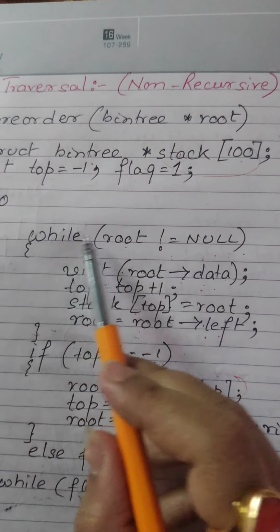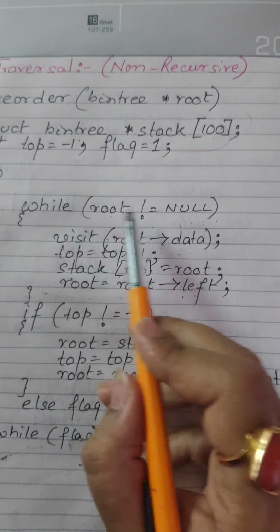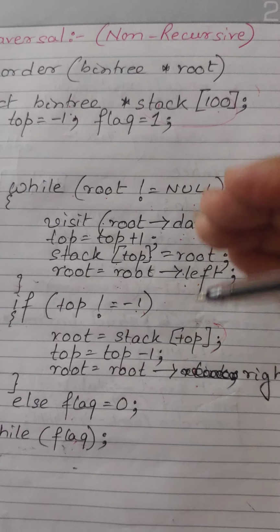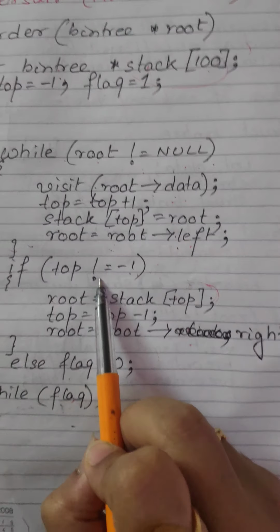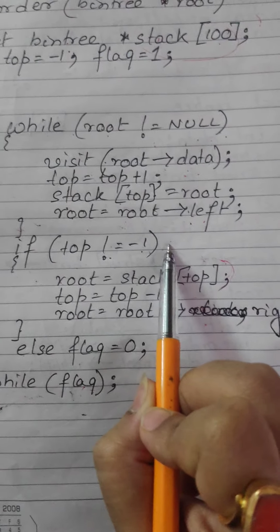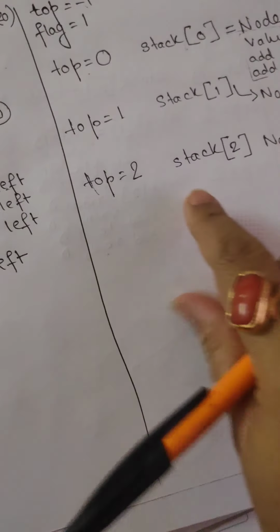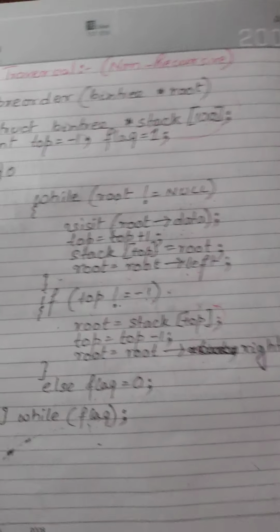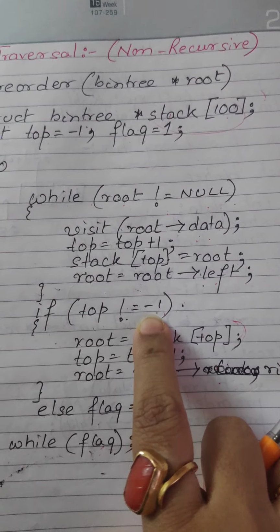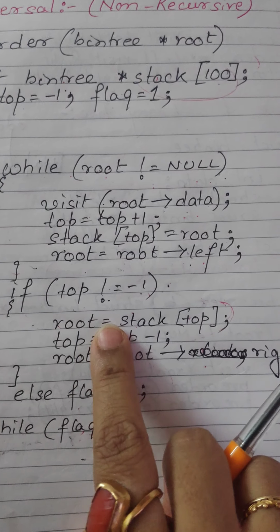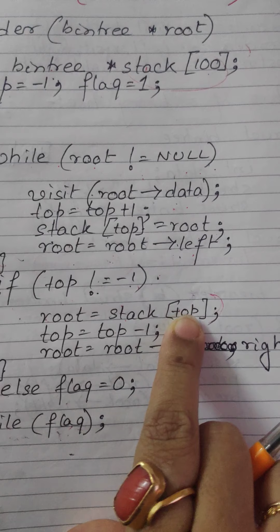So now when the while loop is running, root not equals to null becomes false. So you come out of the loop and come to the if condition. If top not equals to -1. Now let us inspect the value of top. The value of top currently is 2. So top not equals to -1 is true, and you enter the if condition. Root is equals to stack top.